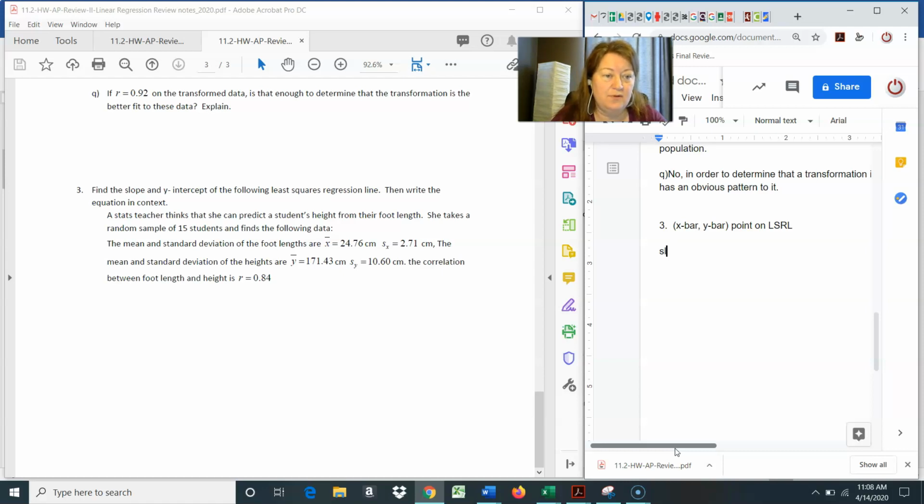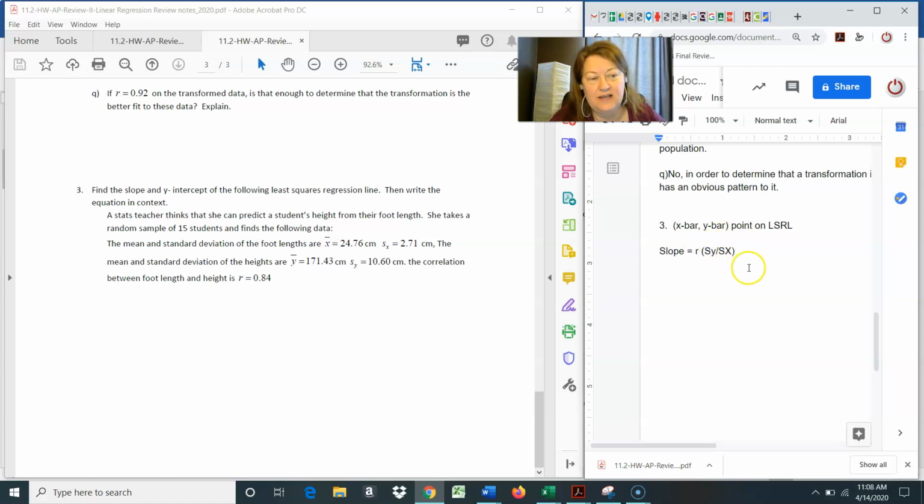The slope, and I believe this is on our formula sheet, is equal to r times the standard deviation of y over the standard deviation of x. Just like slope is usually the change in y over the change in x, this uses standard deviation, which is the approximate error of y over x.